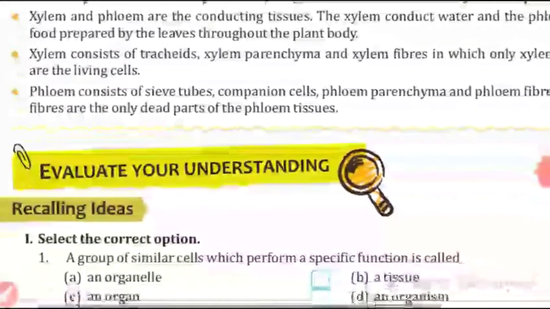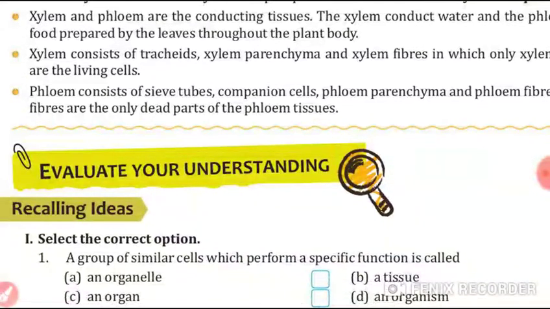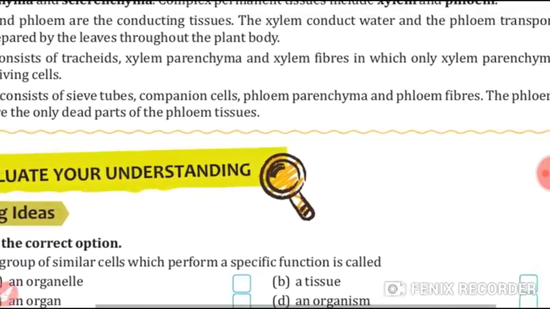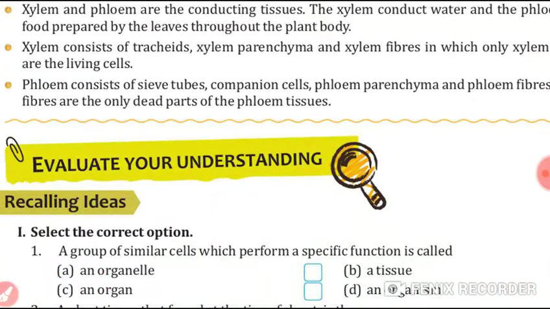Phloem consists of sieve tubes, companion cells, phloem parenchyma, and phloem fiber. From these tissues, the phloem fibers are the only dead part of the phloem tissue.